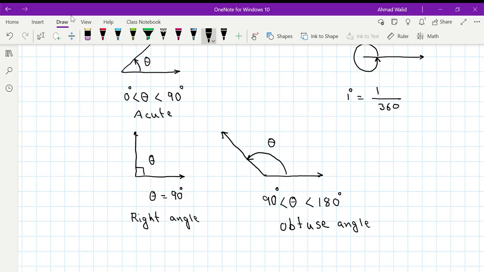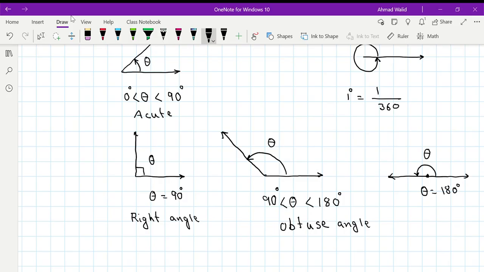And of course, the last one. This is the vertex. If I do a half round, if my theta is moving half a round, it means your theta is equal to 180 degrees.